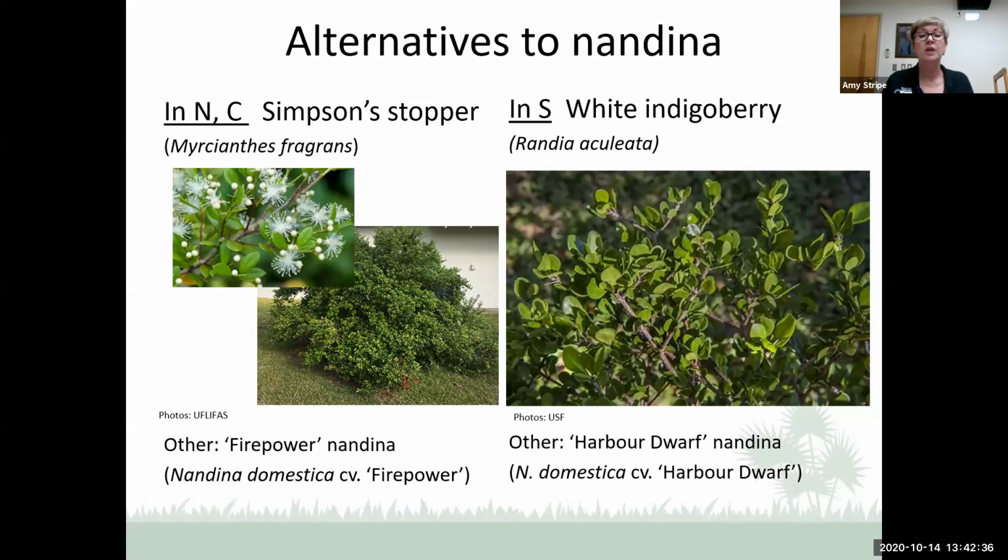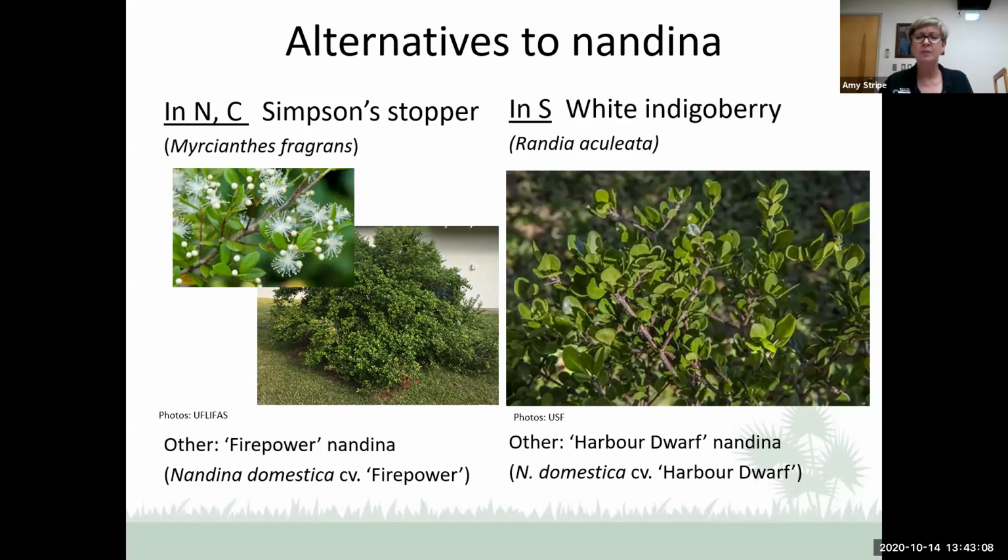Also in north and central Florida, a non-native substitute might be the Firepower Nandina. That's one of those cultivars we were talking about earlier. It is Nandina domestica, but the cultivar is Firepower. So if your heart's set on a Nandina, this is a safe cultivar to buy. In South Florida, the white indigoberry, Randia aculeata, is a good substitute. It has a really pretty white blossom that it puts on a berry, a beautiful glossy leaf, is very drought tolerant, and has a beautiful habit of growth.